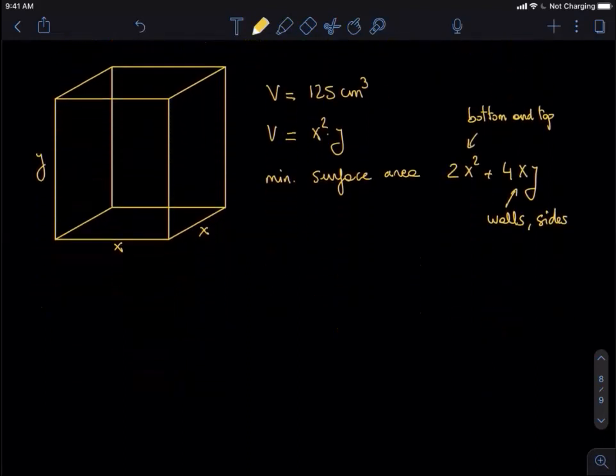We know already what are the important variables. We know what is the function we want to minimize. Now the only thing is that the function depends on x and y, so we need to get rid of one of them. We are going to use this condition here. So y equals 125 divided by x squared.